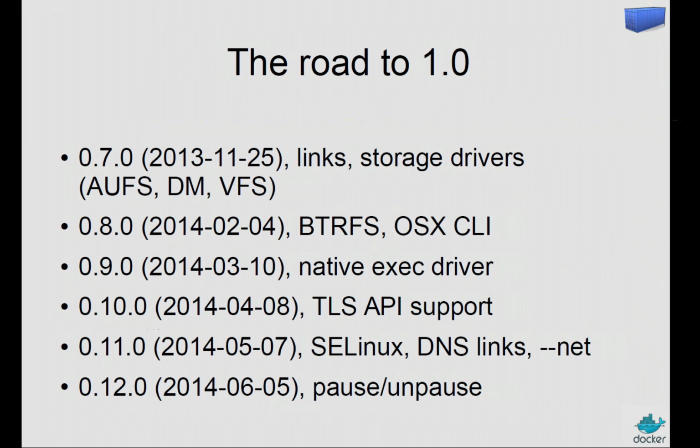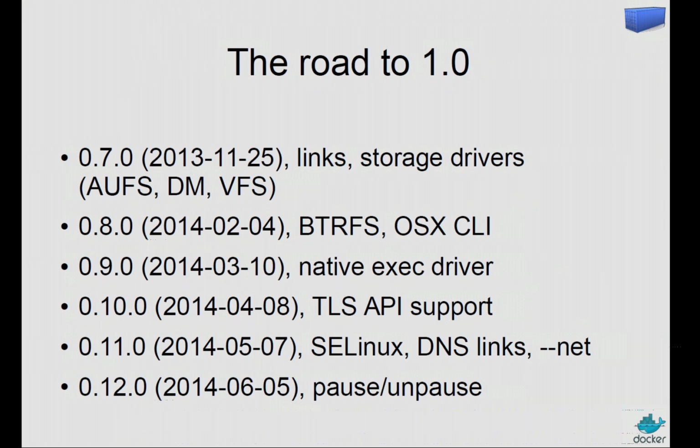Then another big milestone was the native exec driver. At some point we said, well, okay, LXC was great, thank you. It was one of our basic building blocks in the beginning, but now we want to do the whole containerization ourselves. So we implemented libcontainer, which creates containers without using LXC.